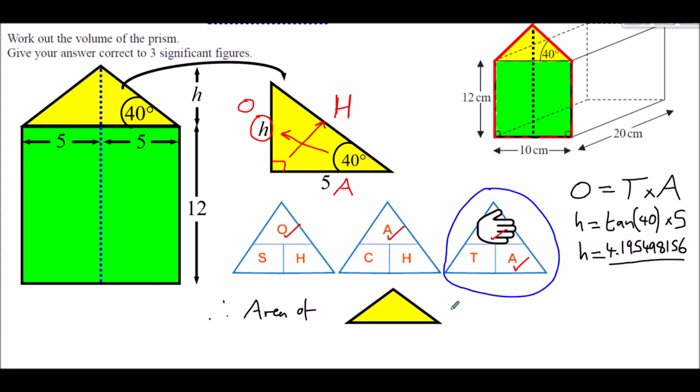Area of a triangle is half times the base, from all the way from one end to the other, the base is 10, times by the height, which is h, which we just worked out here. I'm going to multiply by that 4.195 number.